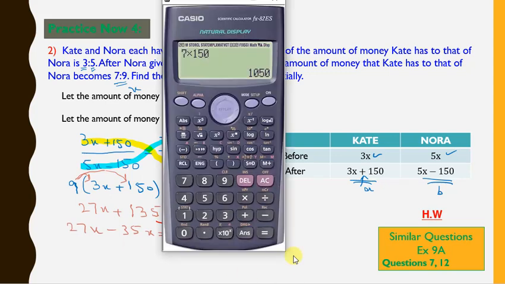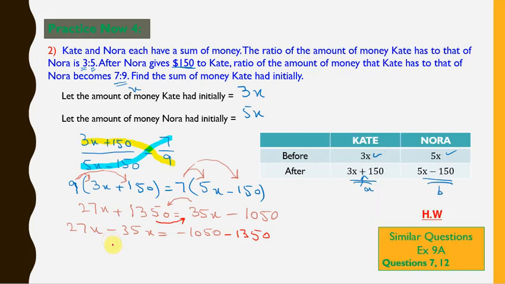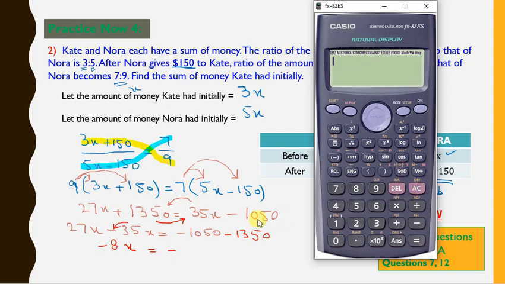Now we will subtract it. 35 minus 27, and we have 8x, and minus, because this is the bigger value, it has a negative sign, so we will write the negative sign.